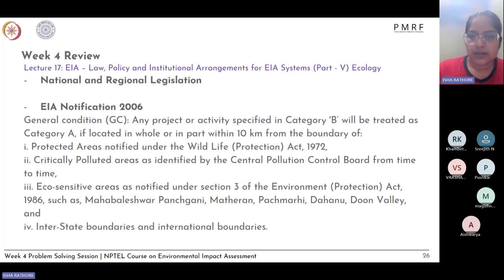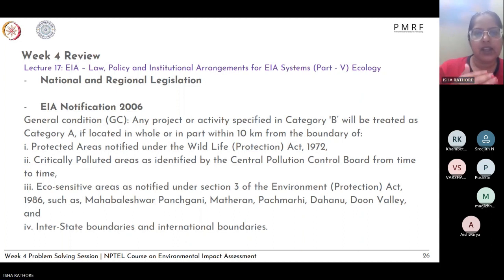So category B is one in which you have to do an EIA if it is above a certain built-up area. You have to do an EIA for the project based on the type of development you are doing and the minimum requirement area for which an EIA needs to be done. So category B lists the activity, the project, and the area. So you have to do EIAs for projects in category B.